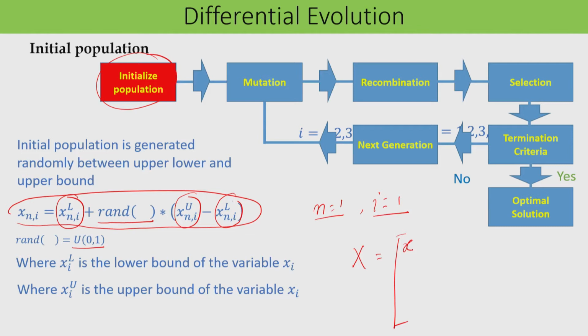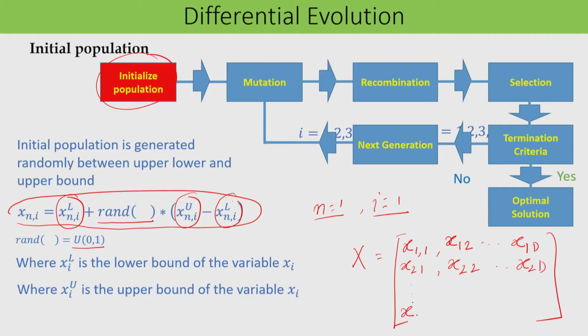So, this is x11 and this is x12, like that this is x1d. Then this is x21, x22 and this is x2d.